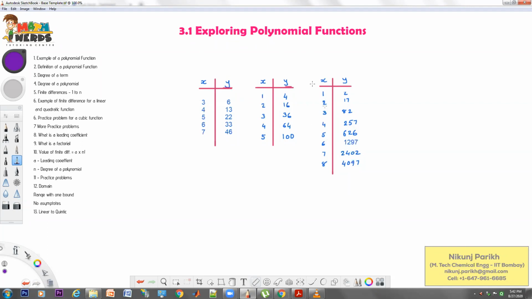So in these cases, you can find the finite differences, first, second, third, and see what the degree of each of these polynomials is. I am telling you that these tables are made up from polynomial functions. So you have to figure out the degree of the polynomial for each of the tables. So please go ahead, and then we can see if all of you have got the same answers or not.